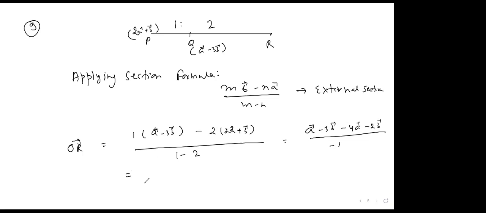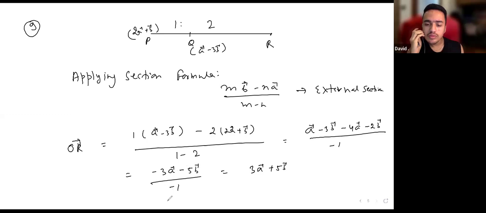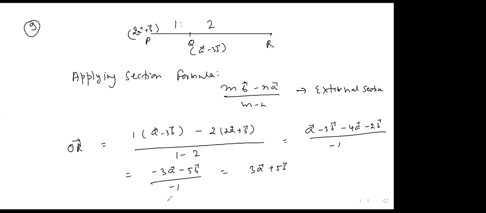That becomes negative 3a vector minus 5b vector, divided by minus 1, which will become 3a plus 5b, because the negative sign cancels out. We take the negative sign common in the numerator, and it cancels out, so it becomes positive.